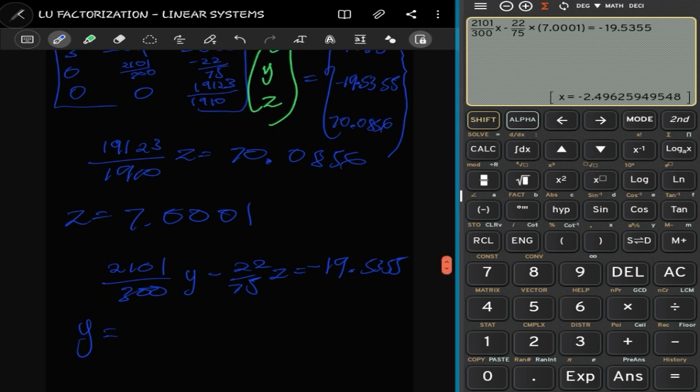Now we have our y, which is minus 2.4963, 4 decimal places, right?